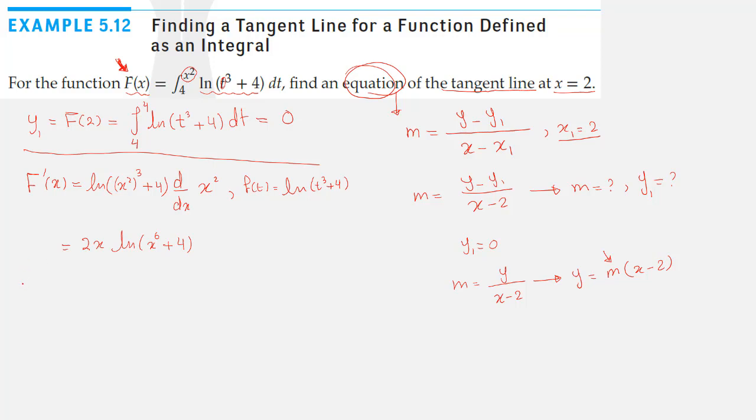Now we know that the slope is f dash of 2 because it is at x equals 2, so this will give us 2 multiplied by 2, which is 4 ln 2 raised to 6 plus 4, and this is equal to 4 ln 68.